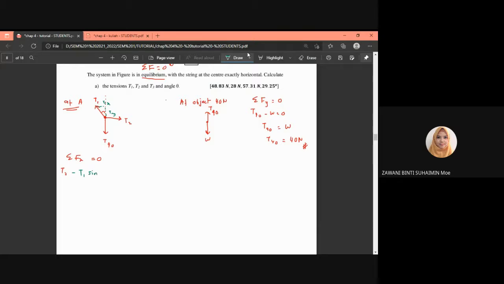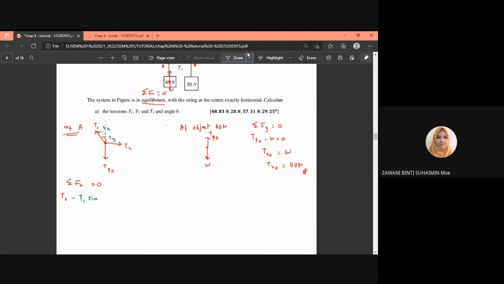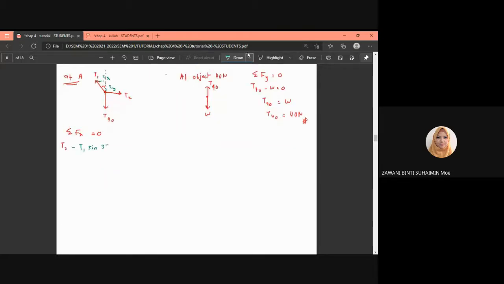Sin theta dia dah bagi iaitu 35, so masukkan terus, it's equal to 0. Lepas tu kita tengok tak ada lagi in X component, so kita boleh rearrange the equation. T2 is equal to T1 sin 35. So this is going to be our first equation.